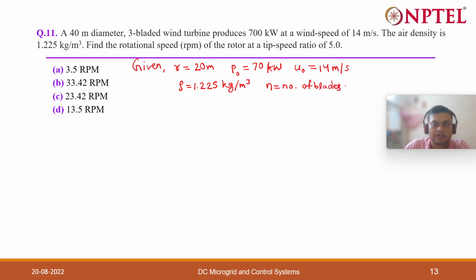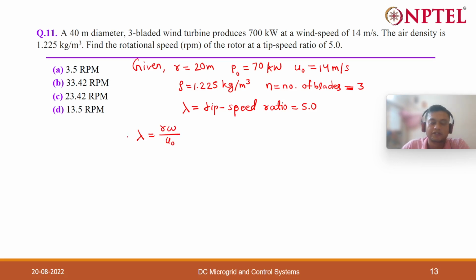Actually it is not required here. If you have to find the optimal tip speed ratio, then you need the number of blades. And we have the tip speed ratio, denoted by lambda. The tip speed ratio formula is lambda equals r omega divided by u naught.